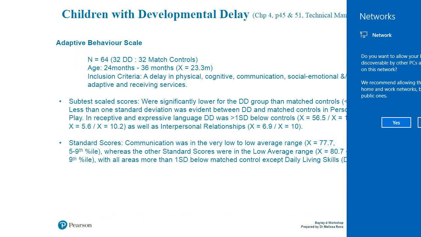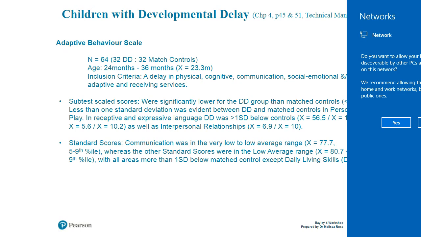32 children with developmental delay were compared to matched controls on the adaptive behaviour scale, with a total sample size of 64. Subtest scale scores were significantly lower for the developmental delay group than matched controls. In receptive and expressive language, developmental delay was more than 1 standard deviation below controls, as well as interpersonal relationships.